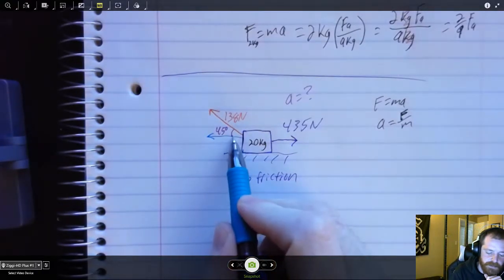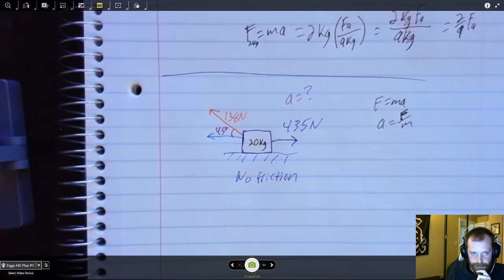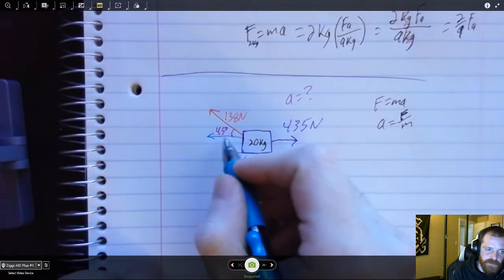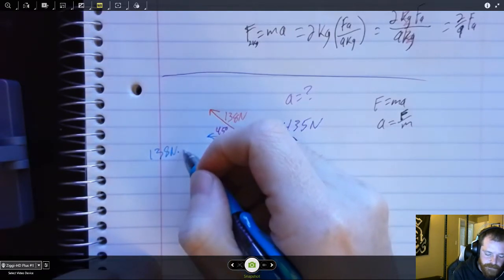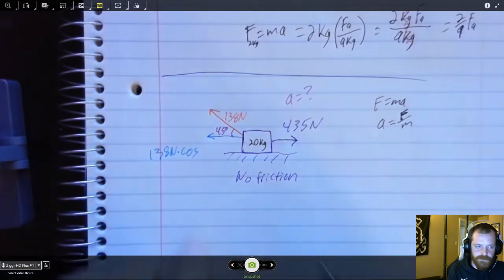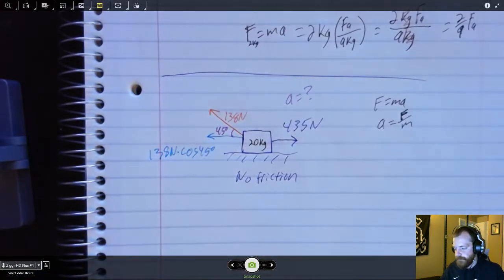If this is my angle, then I can use cosine to find this force, because this is my adjacent side of the triangle. So I'm going to do 138, my hypotenuse, times cosine of 45 degrees.